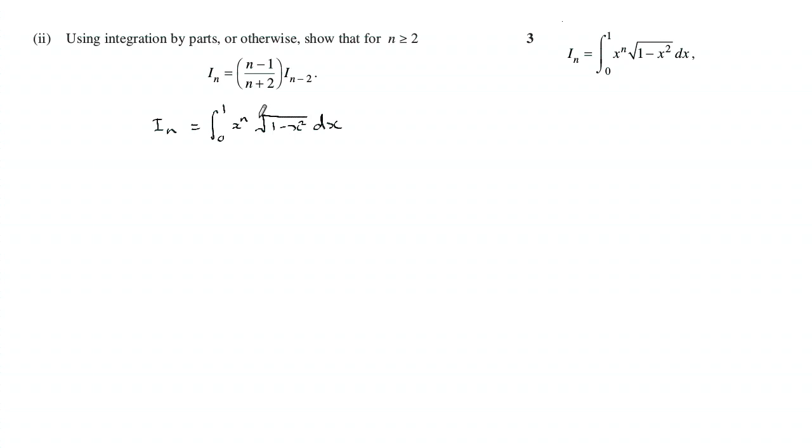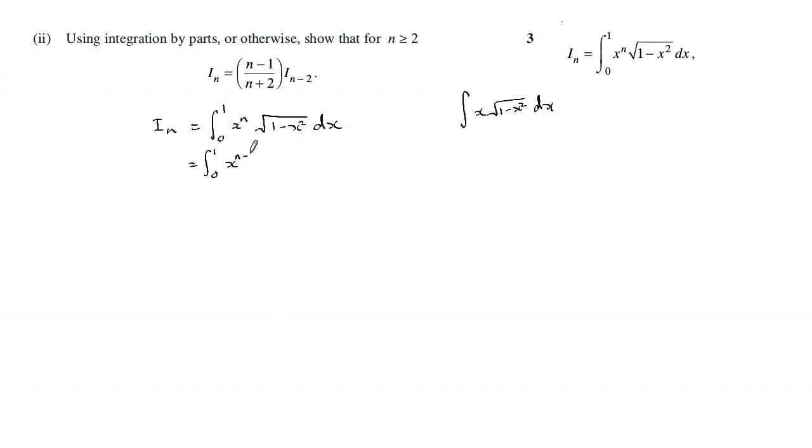But we can't integrate just this bit, we have to do x times this, because if you remember in the last question we were integrating x root 1 minus x squared. So that we can do. So let's split this into x, so I'm just going to take one of these x's out from there.